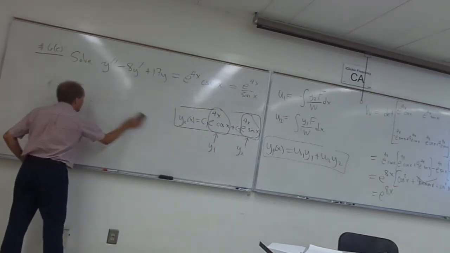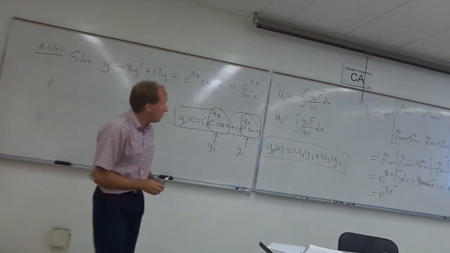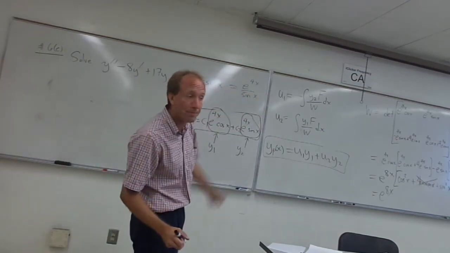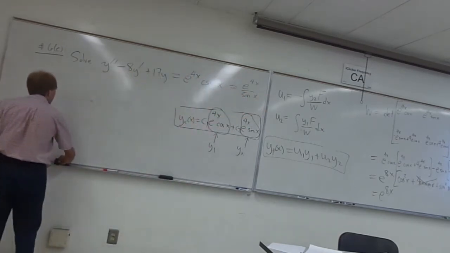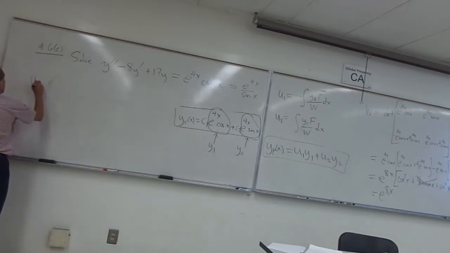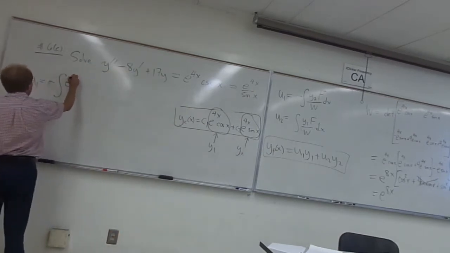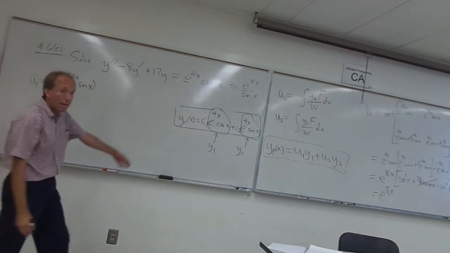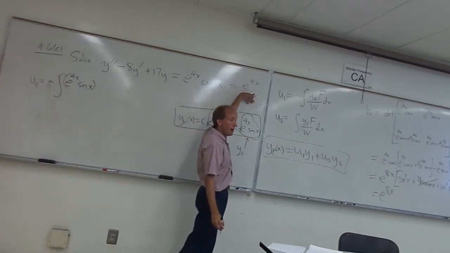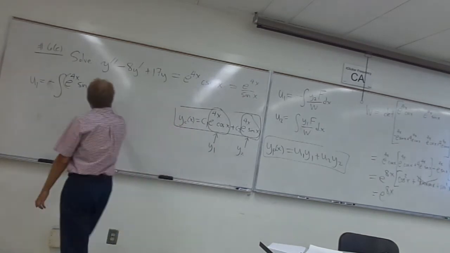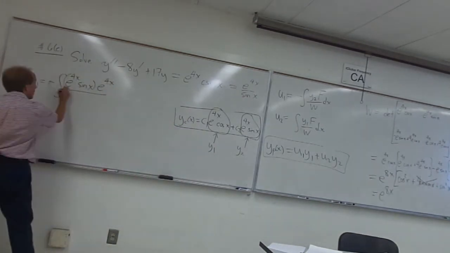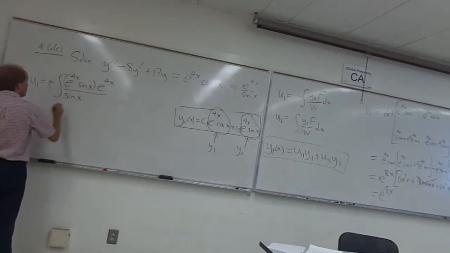So now I'm ready to pretty much put everything into my formula for U1 and U2. So U1 equals negative the integral of y2, which is e to the 4x sine x, times f. F is this thing here. I'm going to go ahead and use the fraction form of it. So that would be e to the 4x over sine of x.